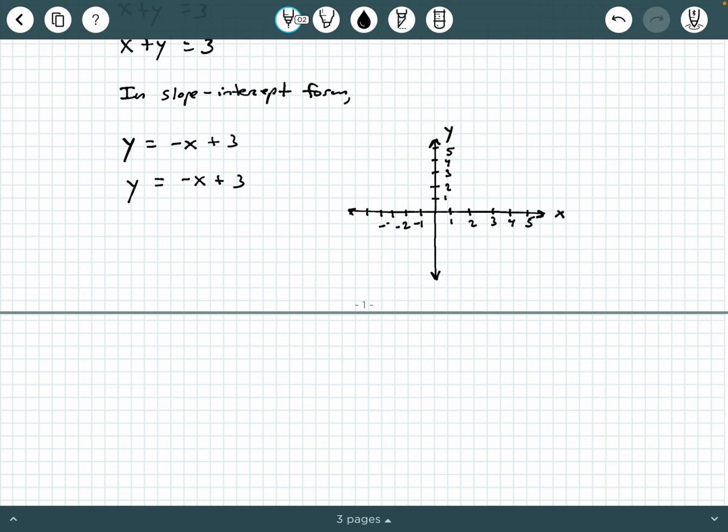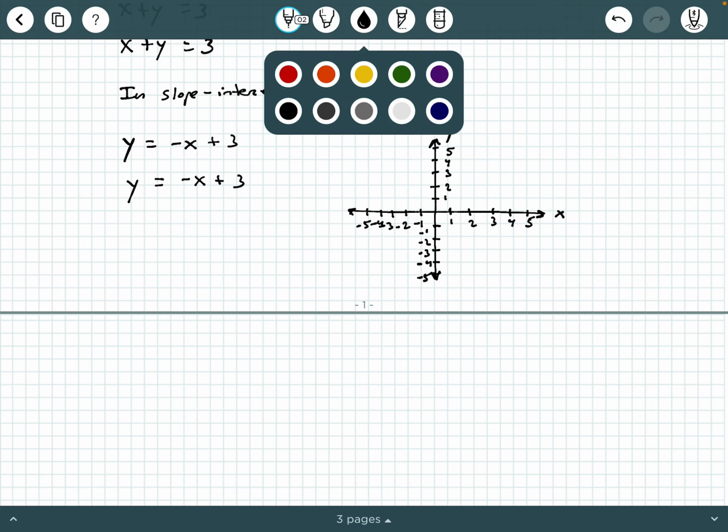Negative 1, negative 2, negative 3, negative 4, negative 5. On your own paper, write this out a little bit more organized than how I'm doing it. Maybe use a straight edge so you can draw straight lines, and make sure your labels on your axes are evenly spaced. And let's go ahead and plot this.